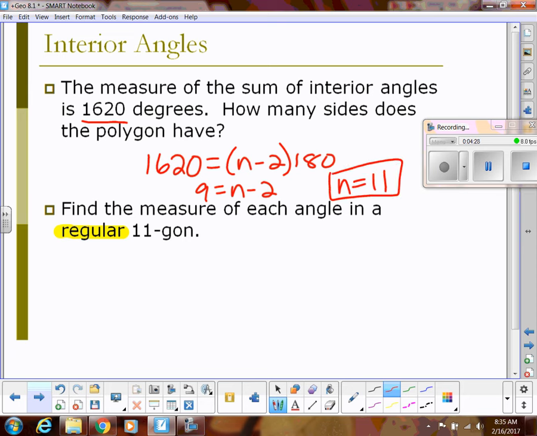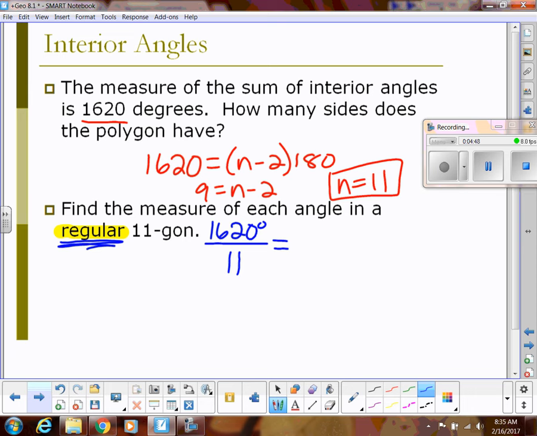All right, and then here it says find the measure of each angle in a regular 11-gon. Well, we're told that an 11-gon has a total of 1620 degrees in the interior angles. If it's regular, that means all of them are going to be the same. So how many angles are there? Well, there's 11.